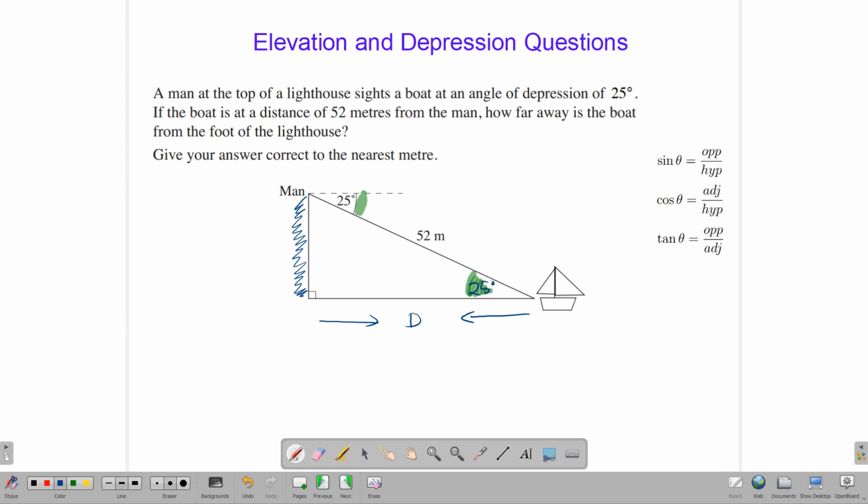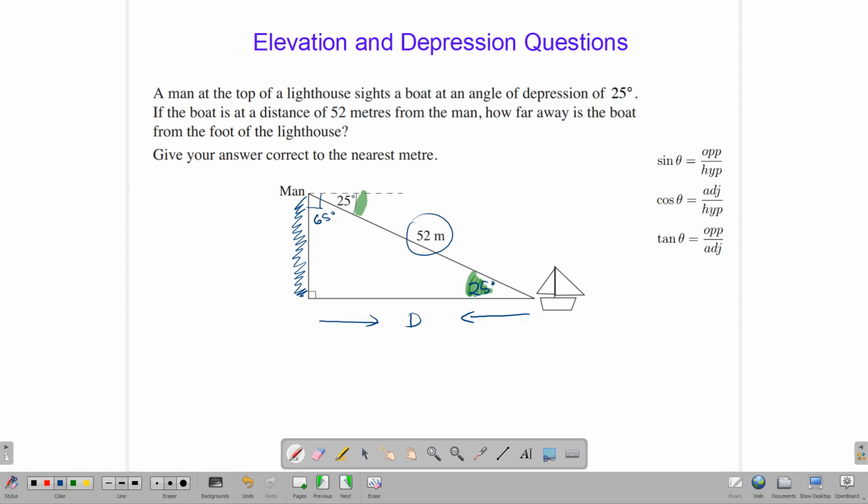And now we have a triangle which has an angle inside it, and we have a distance on it. Of course, we could use this as well. We could say, okay, this is 90 degrees, and from that 90 we can take 25, and this would leave us with 65, and so we'd have another angle in there. We could also use that approach. I'm just going to use this one that says this angle is that angle and work it from there.